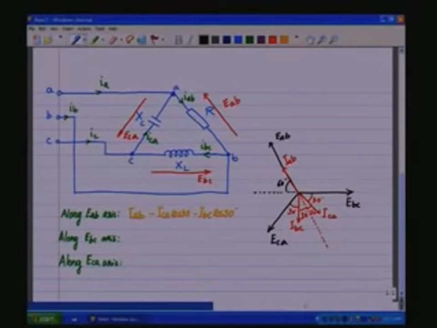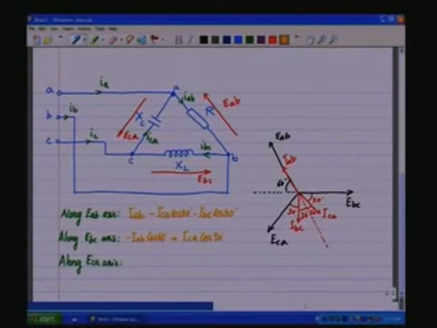So, along the EBC axis the currents are minus IAB cos 60, plus ICA cos 30, projected in the positive direction.